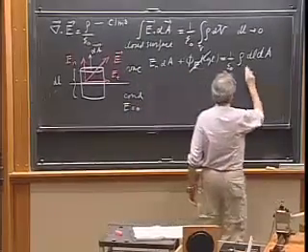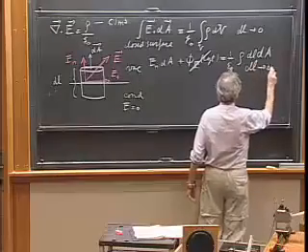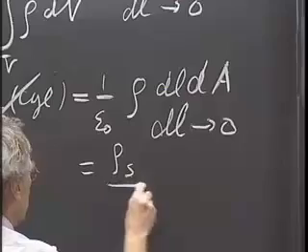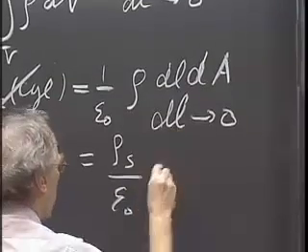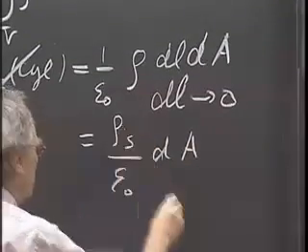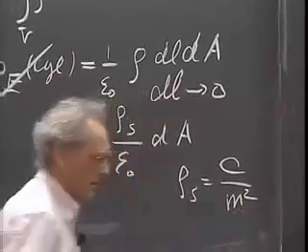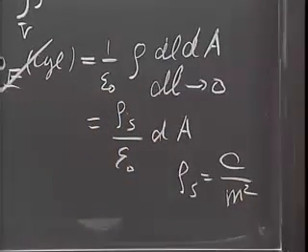And so in the case when dl goes to 0, this does not go to 0, but this becomes rho s divided by epsilon 0 times that dA. And this rho s now is coulombs per square meter. So that is the surface charge density.